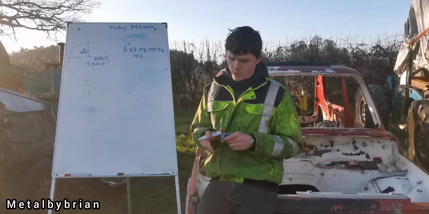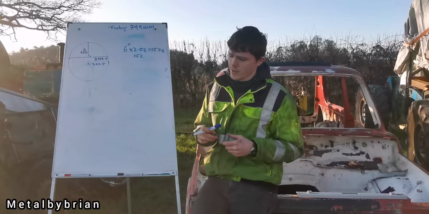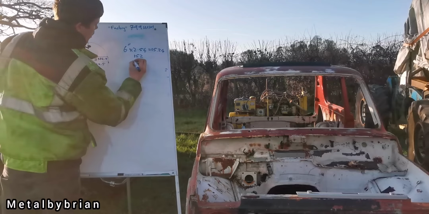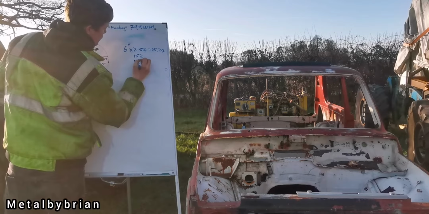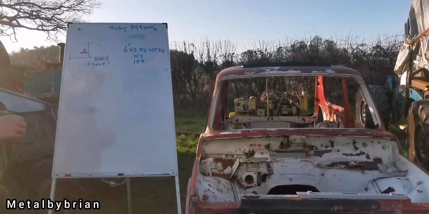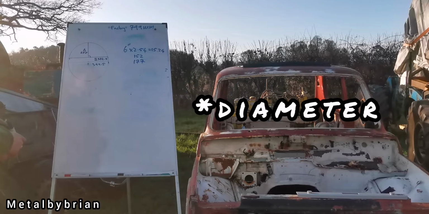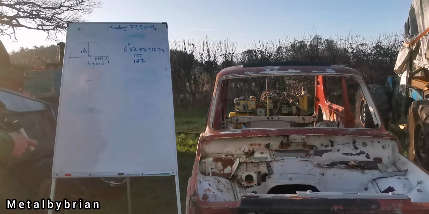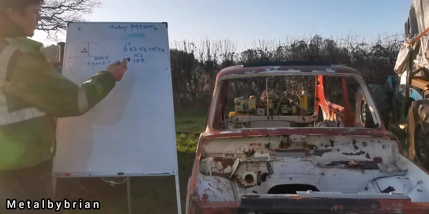So I'm actually going to basically add 3.5 inches. So we're going to make it 177 millimeters bigger, our radius. Have I got that right? No, I haven't. Yes, I have, yeah. Our diameter is going to be 177 millimeters bigger.